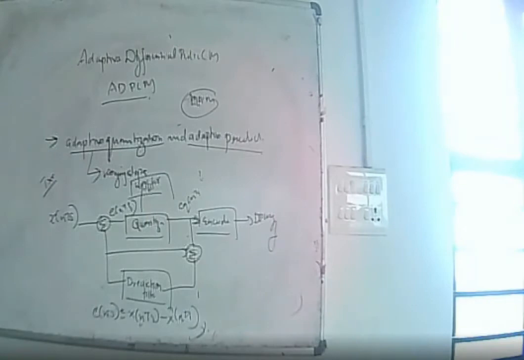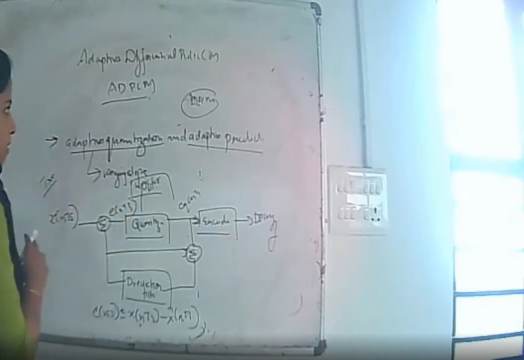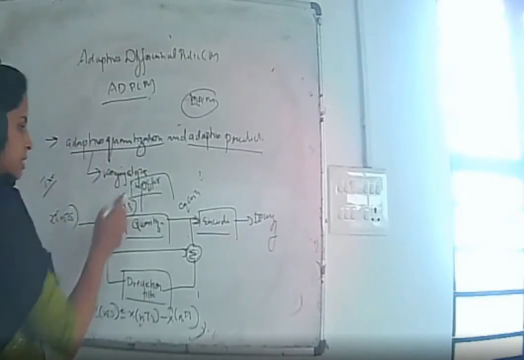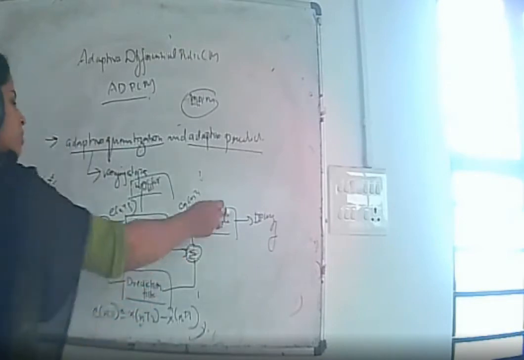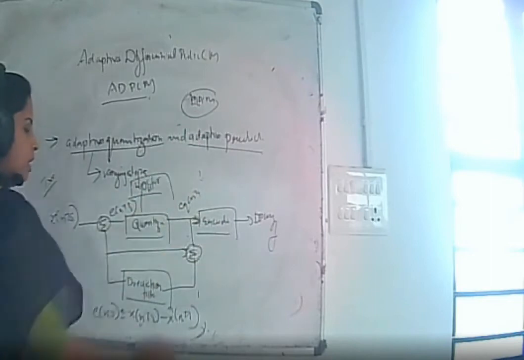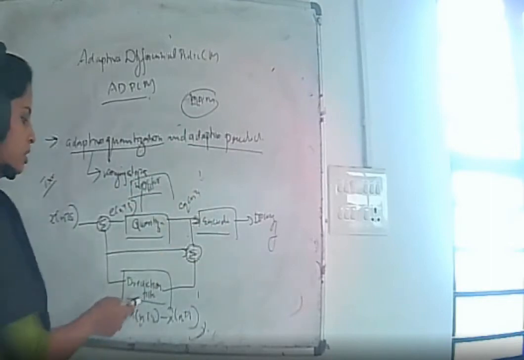It is the same as DPCM. Here we have a logic circuit for deciding the step size. So adaptive quantization means that, as in the case of ADM, we can select the step size, and the rest is the same as DPCM, based on prediction.